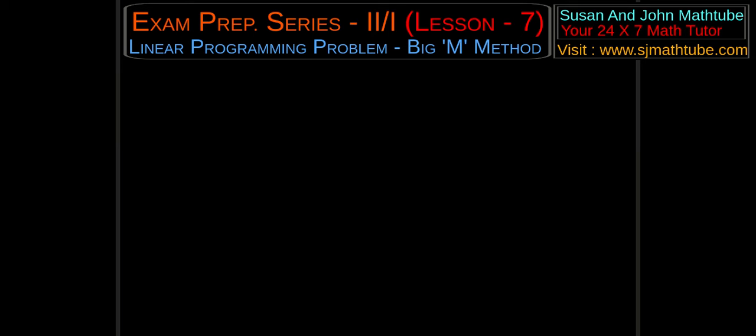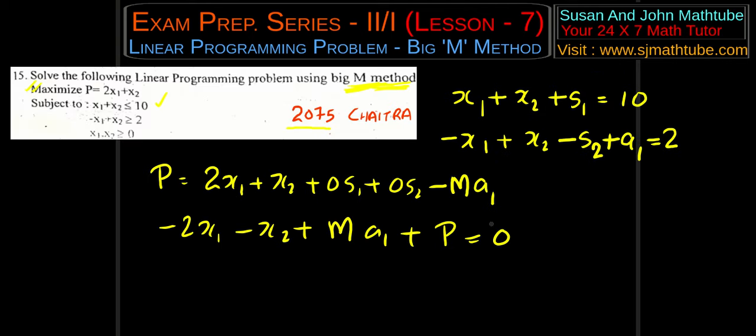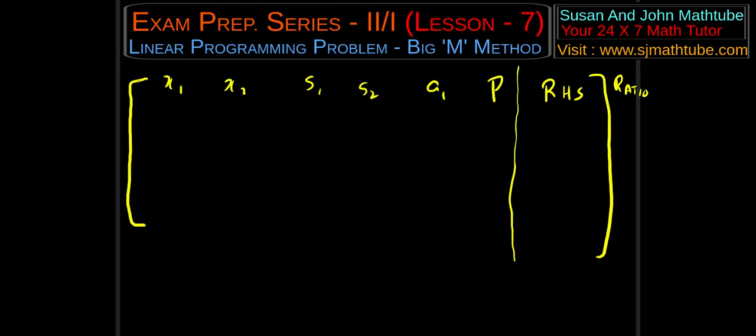Let's start with the initial table. I'll write all the variables x1, x2, S1, S2, A1, P, and then our right hand side. And outside you can write ratio, and we can put a divider here. So it's like 1 1 1, 10. So 1 1 1, it's going to be 0 0 0 10.